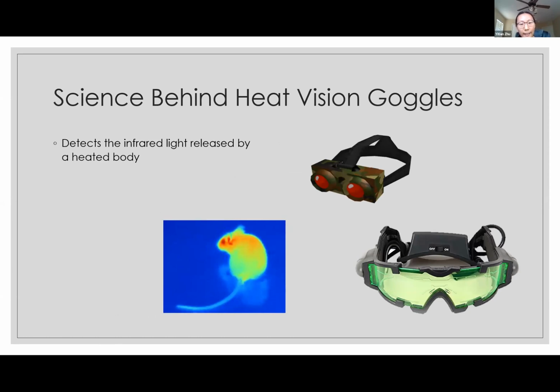And that's why it releases a shorter wavelength of infrared light that can be detected by the goggles, whereas the tail is less warm, so it releases a longer wavelength of infrared light. The top picture of heat vision goggles is from Roblox, because I thought you guys would find that funny, and the bottom picture is actual heat vision goggles.